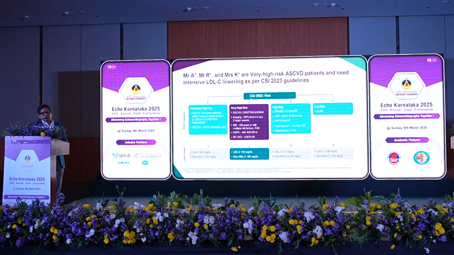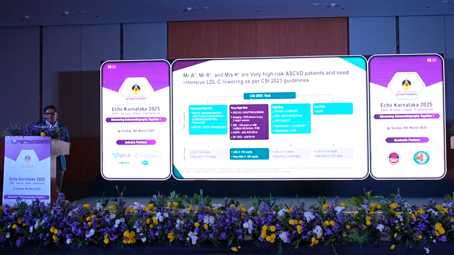If you go back to the Cardiological Society of India guidelines and see how they classify and do the risk assessment, patients who are at low risk, that is, with no risk factors, have a target LDL cholesterol of less than 100 milligrams per deciliter, and non-HDL cholesterol should be less than 130 milligrams per deciliter.